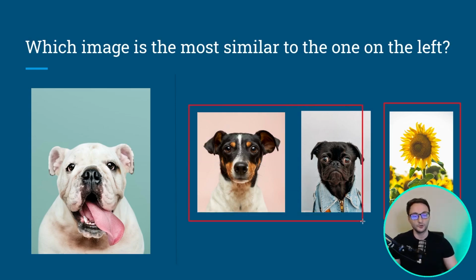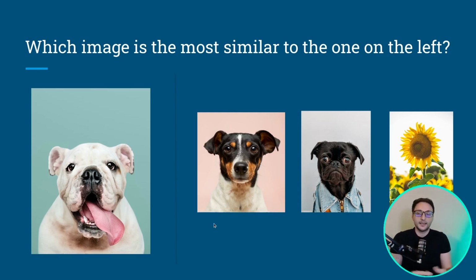On the other hand, the other two images both include dogs, and the original image also includes dogs. So those are the more similar images to the original image. Now, for you, it's easy to decide because you can just look at it and you understand what a dog is. A computer doesn't understand that by just looking at the picture. But if you store the images in vector representation, then now you can actually know what the image contains.